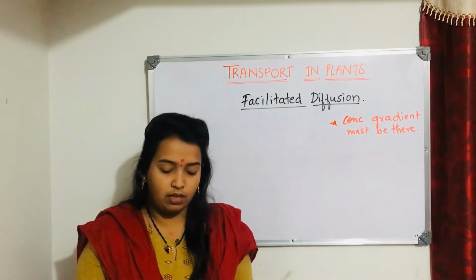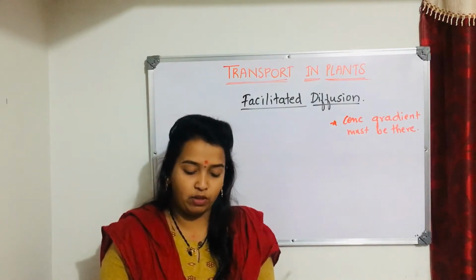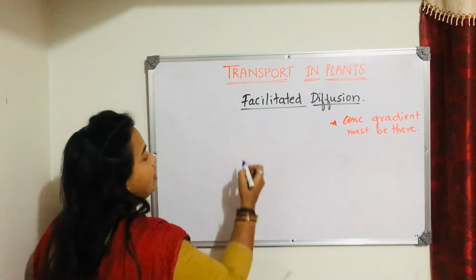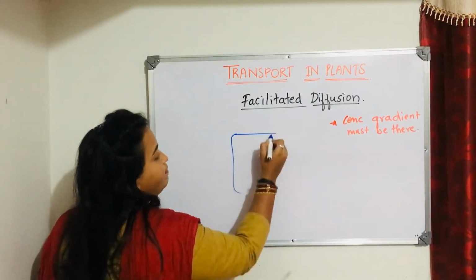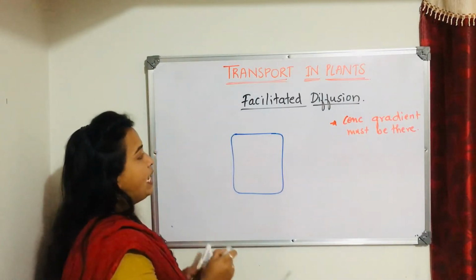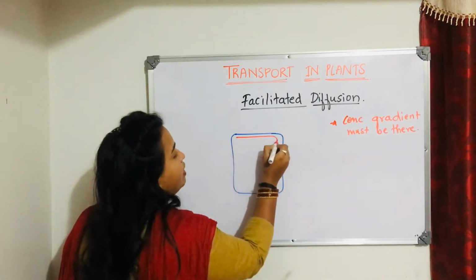So see, to talk about facilitated diffusion there are some important things we need to know. I have already told you that a cell usually has a cell wall, and on the inner side it has a membrane called the plasma membrane, right?